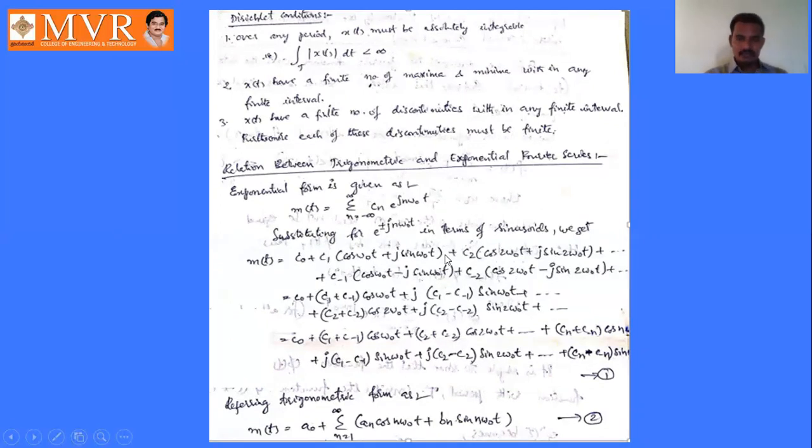Here we are taking real terms on one side and imaginary terms on the other side. So c naught plus c1 plus c minus 1 into cos omega naught t. Similarly, j sin omega naught t into c1 minus c minus 1. In the same manner, c2 plus c minus 2 into cos 2 omega naught t plus j sin 2 omega naught t into c2 minus c minus 2.